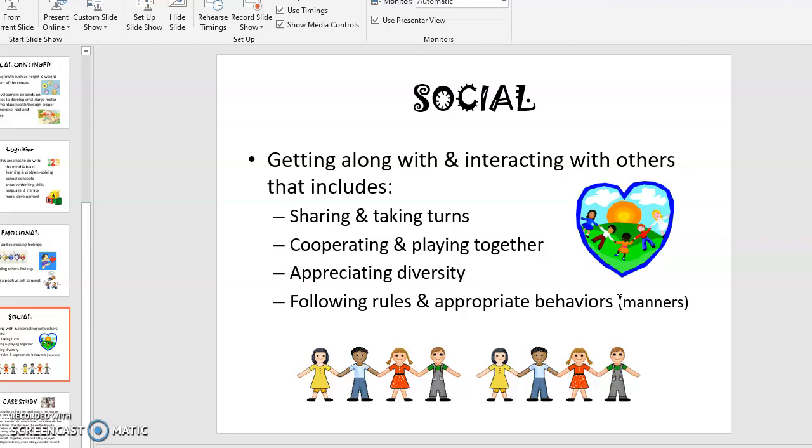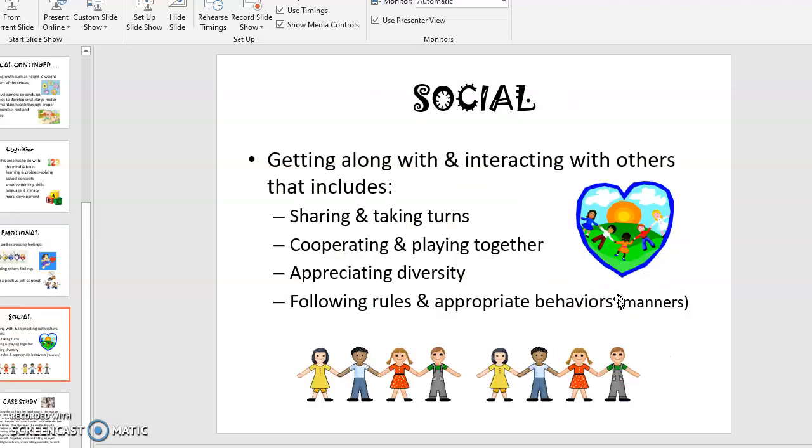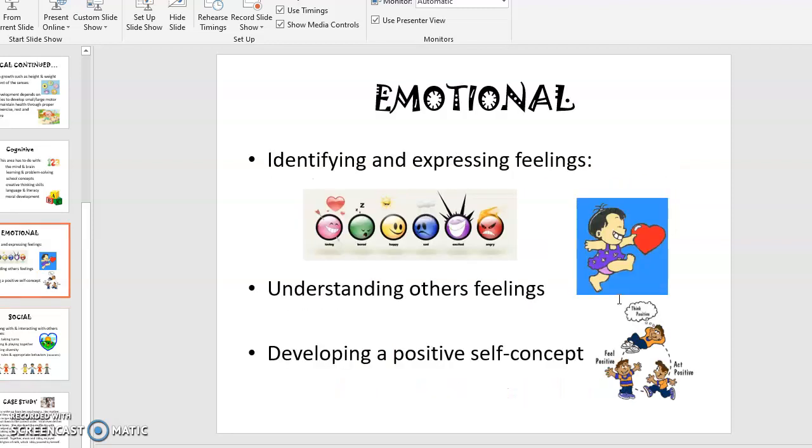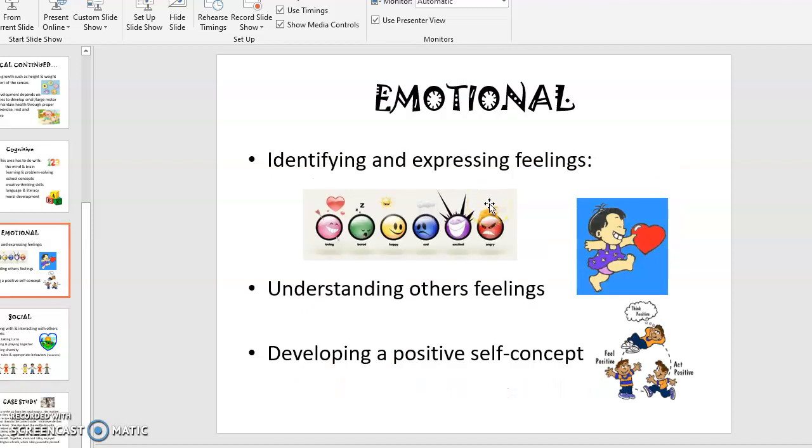So lots of times you will see emotional and social put together, and it'll be called the domain of social emotional skills. They do play off of each other because we know that feelings and understanding other people's feelings are joined with the social experiences we have with others. Somebody not sharing with us makes us sad.